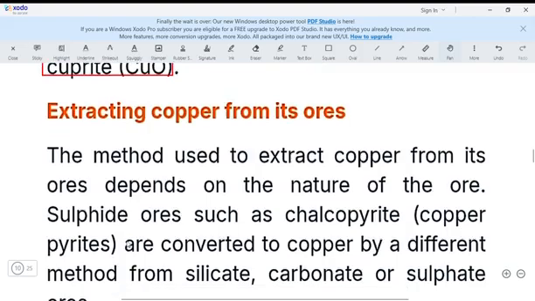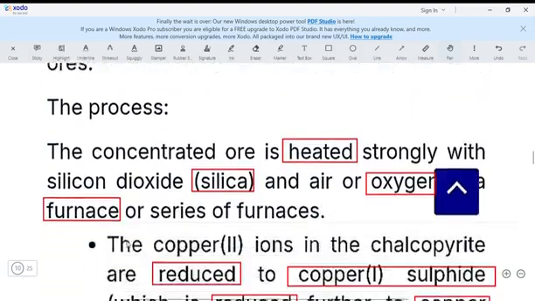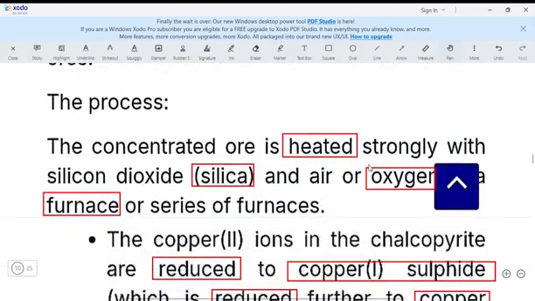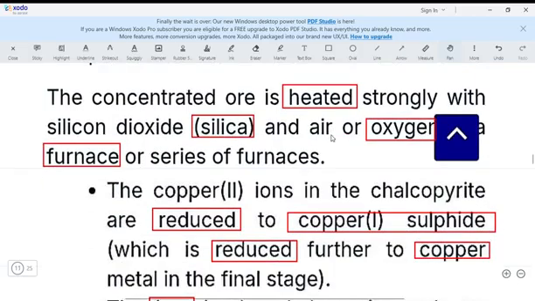Now, how do we extract copper from its ore? Since it has impurities, how do we separate it from the impurities? The first thing is that there is a heating process strongly with silicon dioxide. Silicon dioxide is silica, that's your sand.